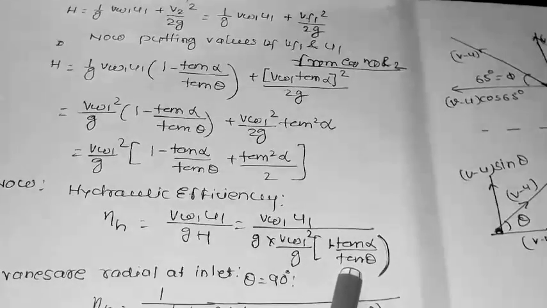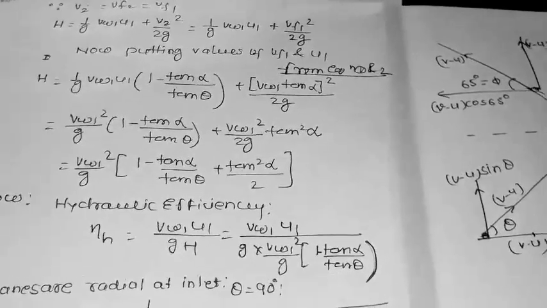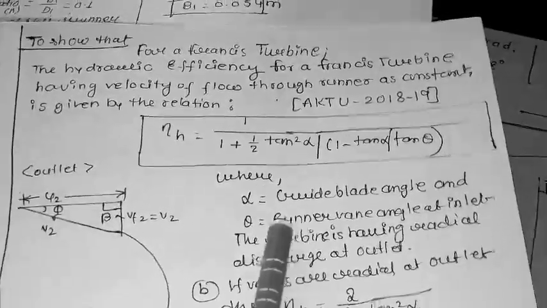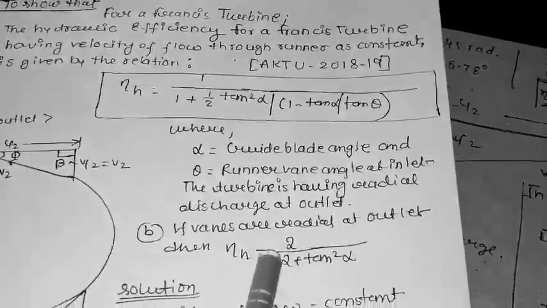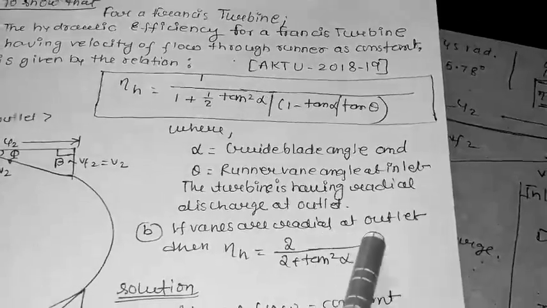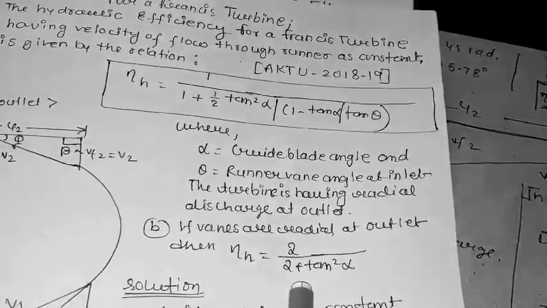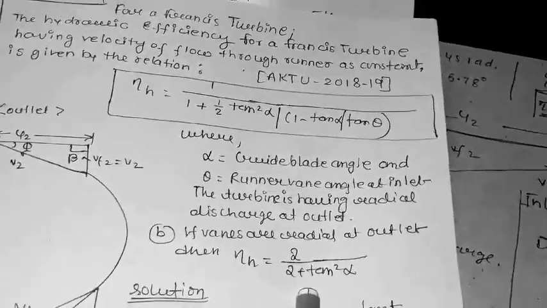Okay, now if we have to find out the second expression, and if the vanes are radial at outlet, then hydraulic efficiency becomes 2 upon 2 plus tan square alpha.